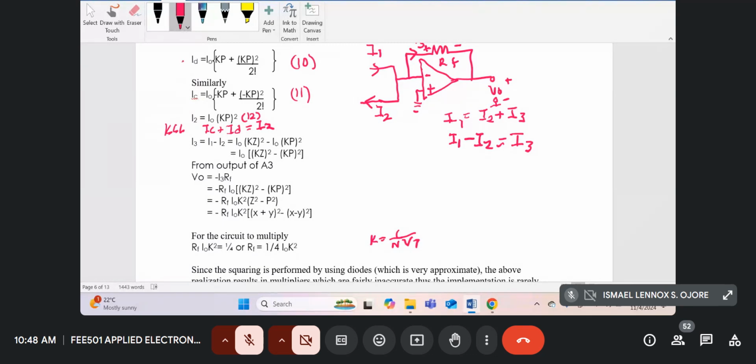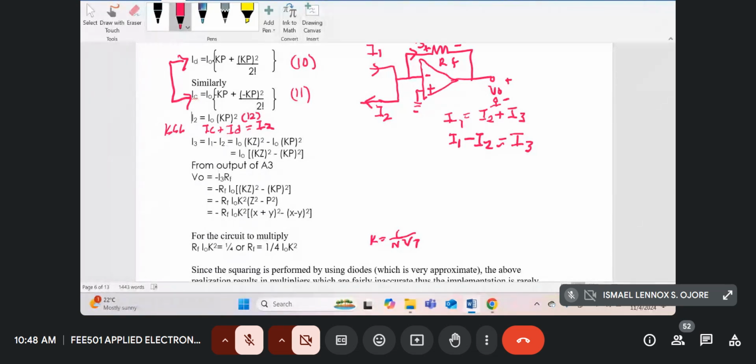If you add these two equations, IC plus ID is equal to I2.